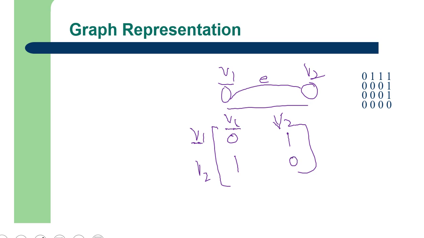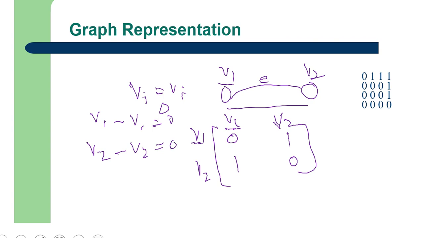If there is a vertex vi, the distance of vertex vi to vertex vi will be 0. For example, from vertex v1 to vertex v1 we will write here a 0. From vertex v2 to vertex v2, we will put the entry as a 0.